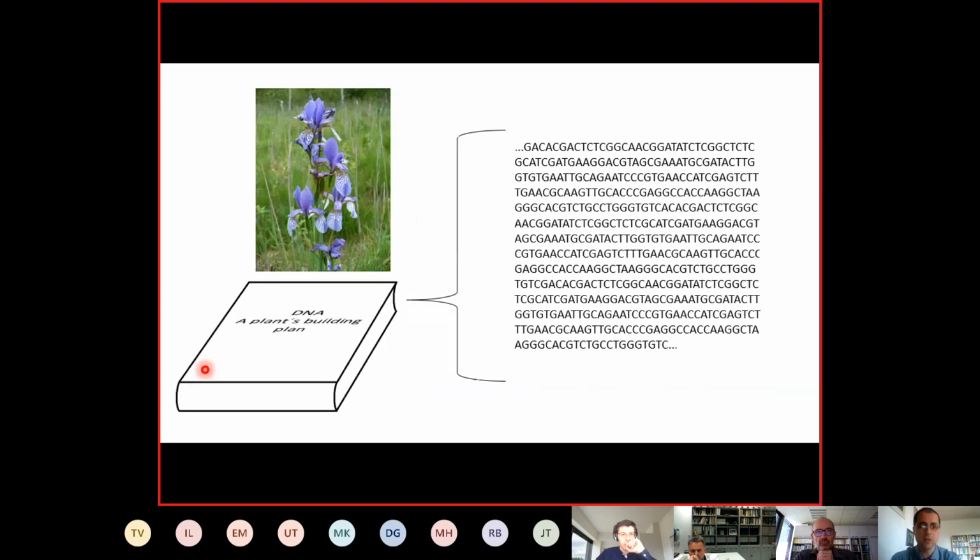When we talk about the DNA, the genome, we usually consider it as a code. It can be adaptive, it can be selected for best combinations, but it's not necessarily the only way the genome can affect the plant's evolution.